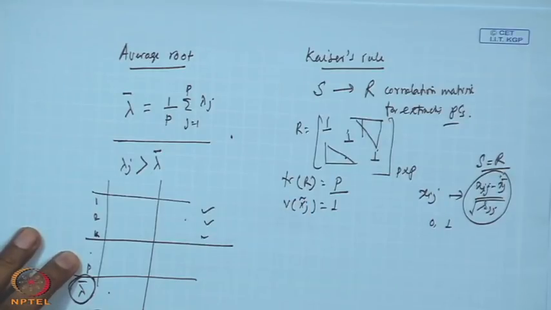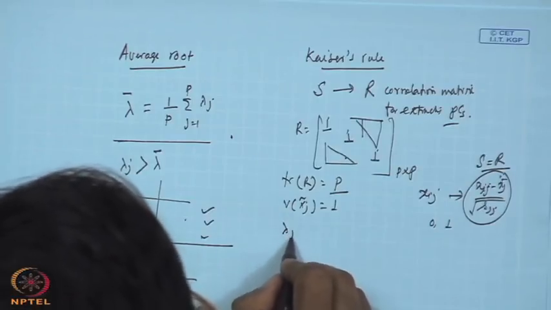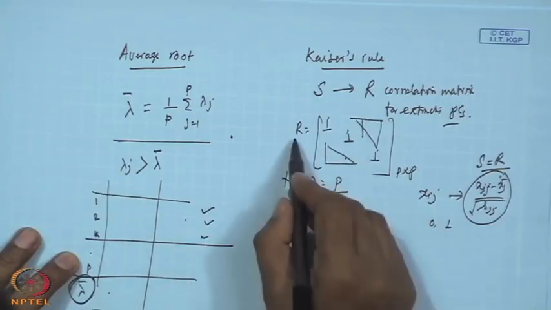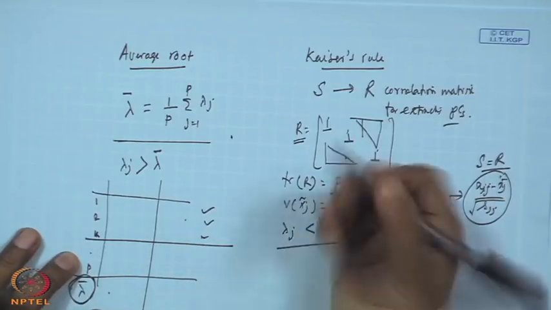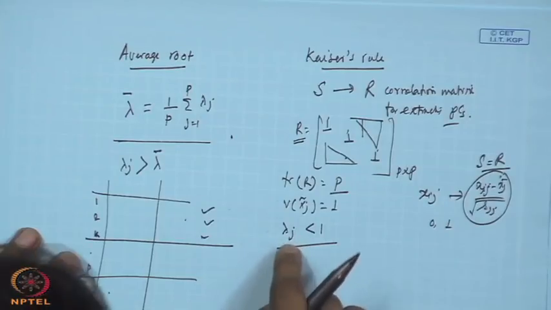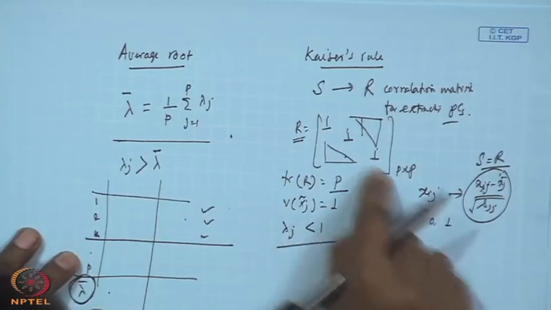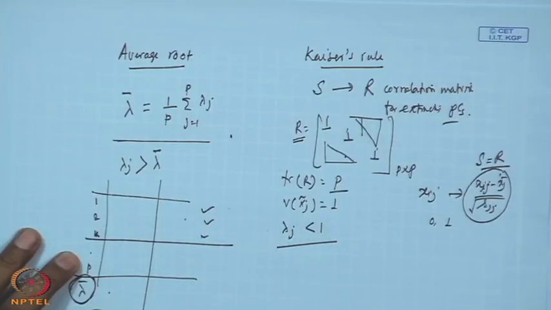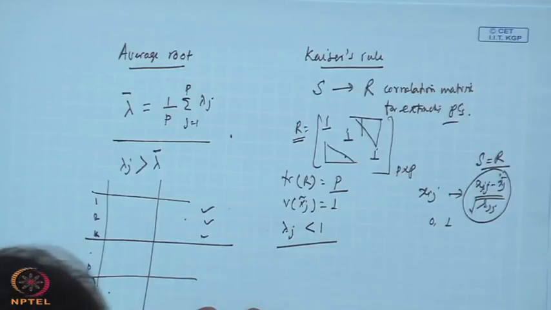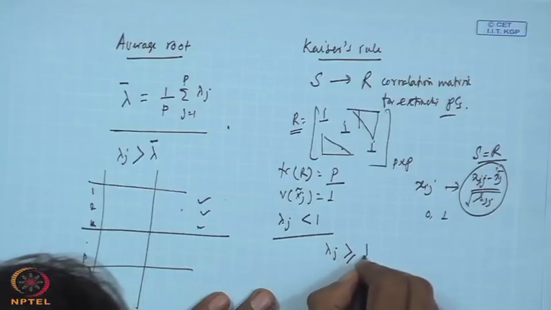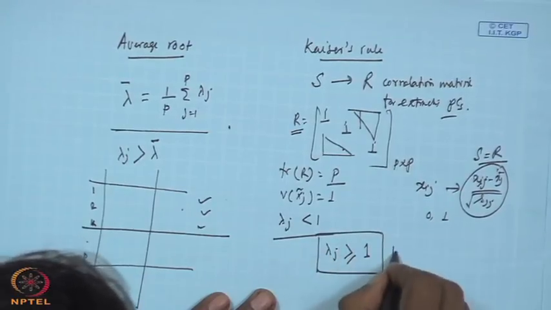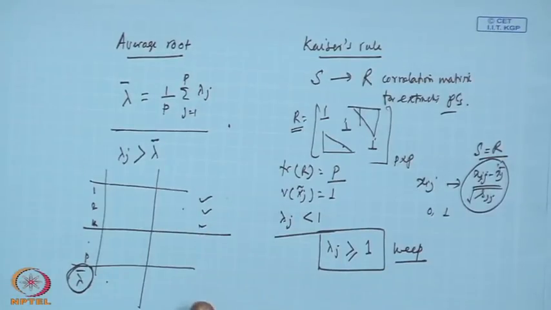For standardization I am giving the tilde symbol. So if any lambda j obtained from that correlation matrix is less than 1, there is no need of keeping it, because this component is not able to explain a single variable's variability. That is why the rule says you keep those principal components whose lambda value is greater than or equal to 1.